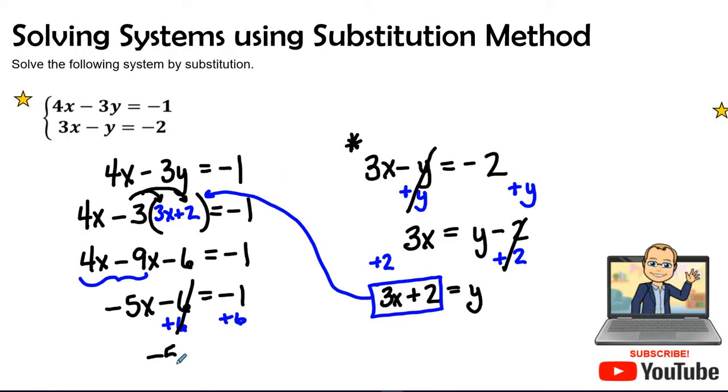A negative 5x is equal to a positive 5. Now, if I go ahead and divide both sides by a negative 5, my x value is going to be a negative 1. So a positive and a negative is a negative, and 5 divided by 5 is 1.